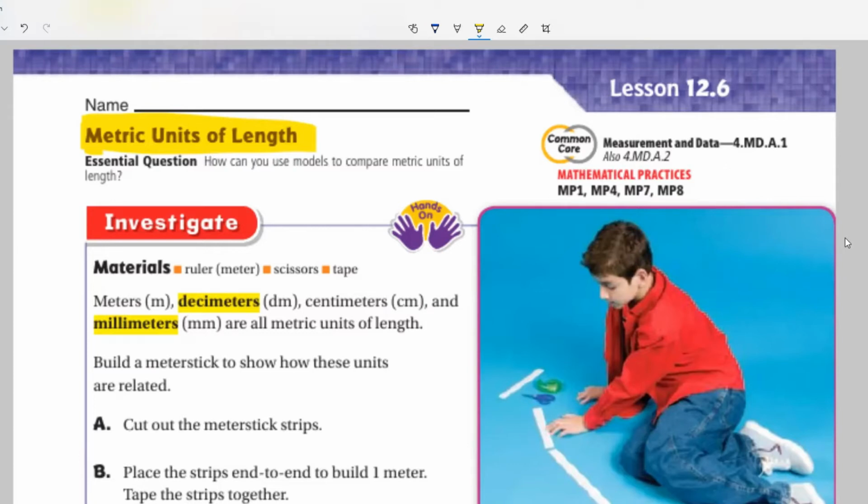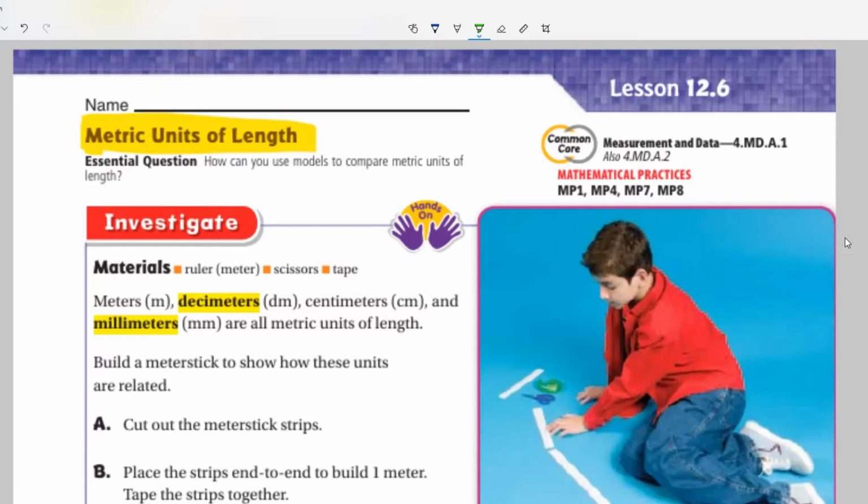Now we're going to talk about metric units of length, that Ryan and Faris mentioned before. Let me show you the metric units of length.